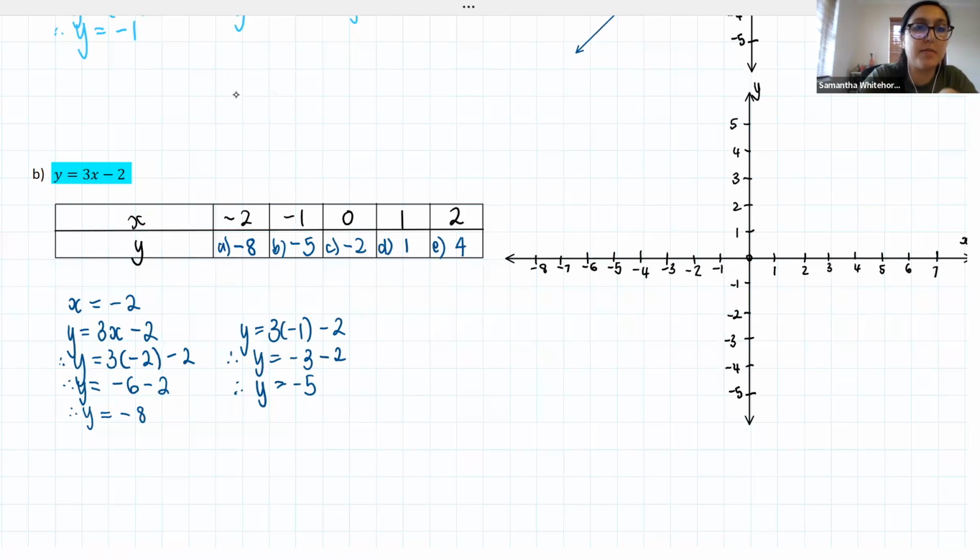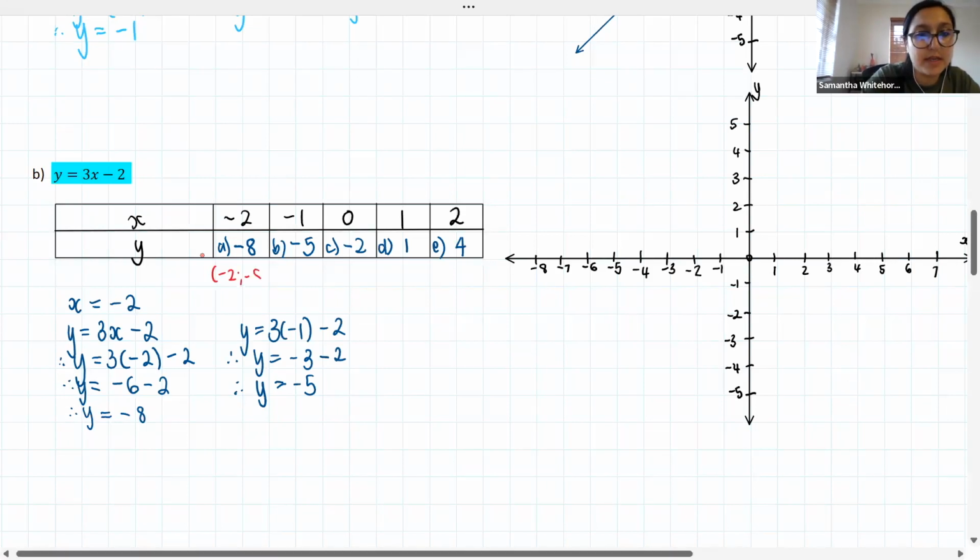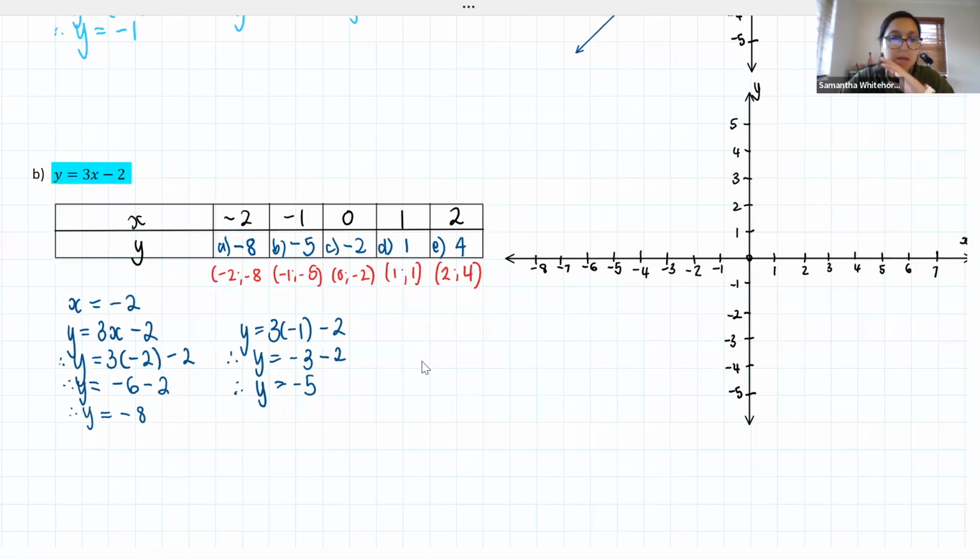Remember, coordinate pairs, that's the whole point of the table to help us out. Negative 2, negative 8, negative 1, negative 5, and so on. Now, guys, you don't have to write down the coordinate pairs under the table like I'm doing, but I find it quite helpful to have them listed, just so that I can double check exactly what I'm plotting. So the first one, negative 2, negative 8, I need to make this longer.